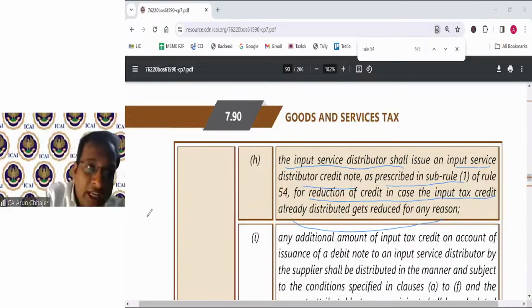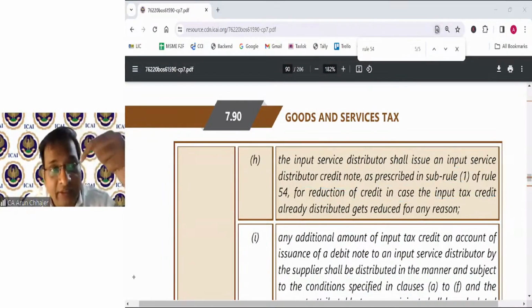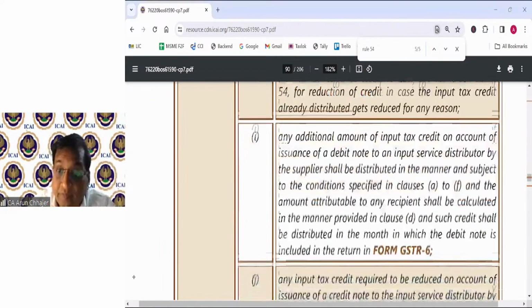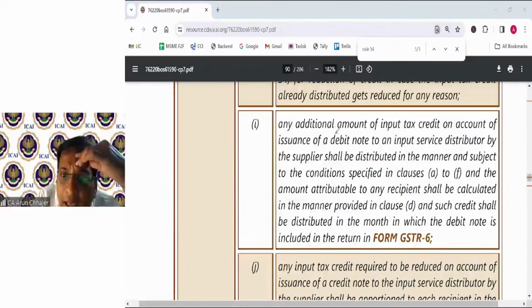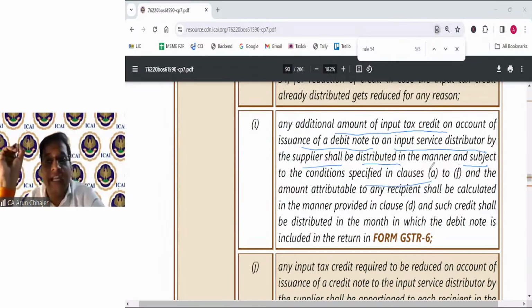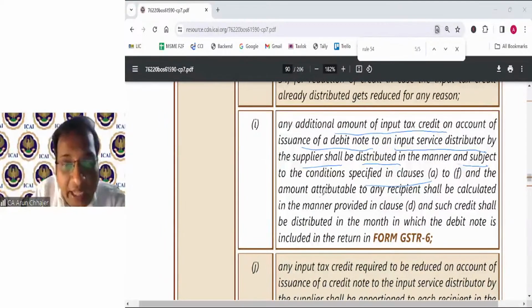So ISD, for transferring the credit, will issue the document, ISD document, based on which the branch will take the ITC. And if they have transferred excess, then they will take it back by way of credit note. It says that any additional amount of ITC on issuance of the debit note to an ISD by the supplier shall be distributed in the manner and subject to the conditions specified in clause A to clause F. And the amount attributable to any of the recipients shall be calculated in the same manner as per clause D of this rule.